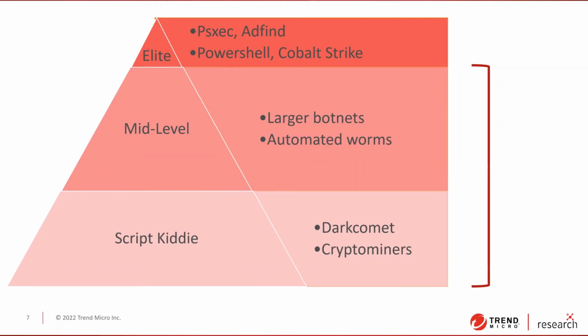Now, when we focus on malware protection, we're doing a really good job as an industry of protecting against these two layers, the script kiddie and the mid-level. But that approach starts to struggle when we have to deal with the real top layer of human-driven attacks, right? But that's generally okay.